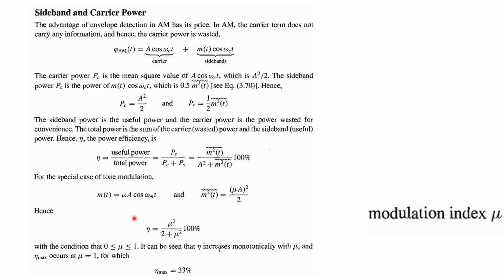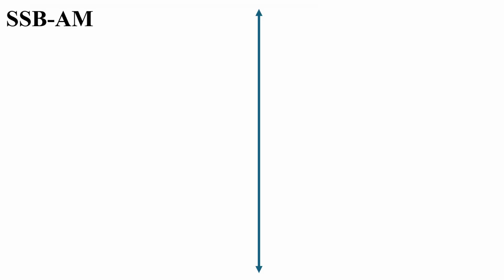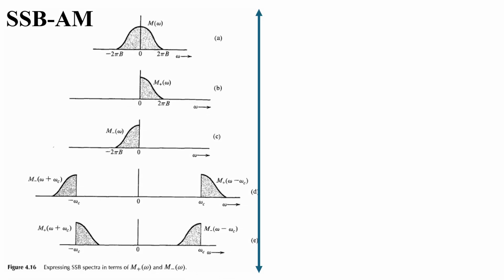Finally, if we get the modulation index, eta is equal to mu square divided by 2 plus mu square, right? So for the maximum value, if you want to calculate for this DSB, here the maximum is 33%, right? Similarly, you can find out the eta for different types of signals, different types of modulators.